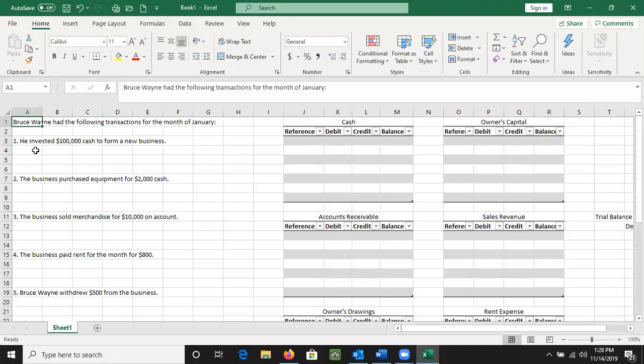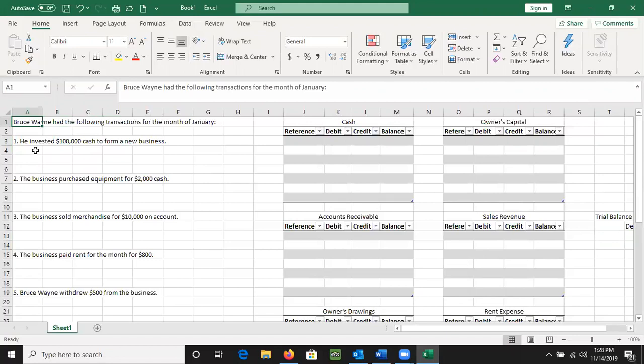Here is how you should start your journal entries. Before you even do anything, ask yourself, what accounts are being affected by this transaction? So from the business's point of view, if the owner is putting cash into the business, cash is being affected. And since we're dealing with an owner, owner's capital is being affected.